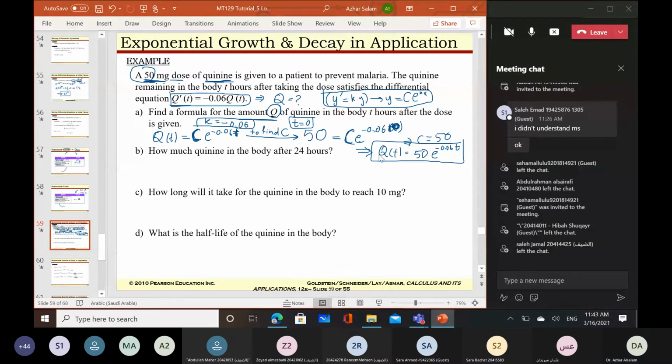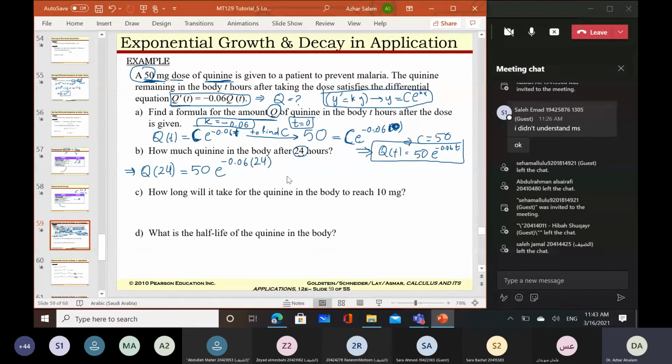I can find the value of the quantity using any value given for t. For example, how much quinine is in the body after 24 hours? For 24 hours, I substitute t with 24. So Q of 24 is equal to 50 multiplied by e to the power minus 0.06 multiplied by 24.